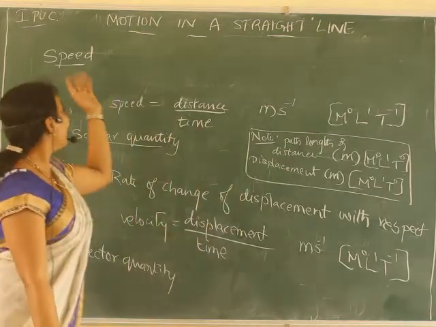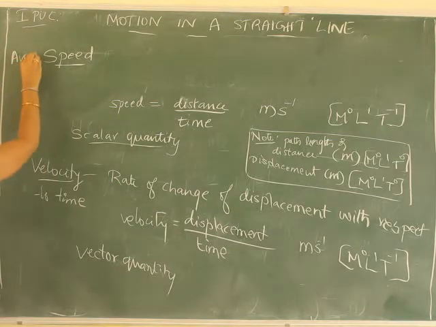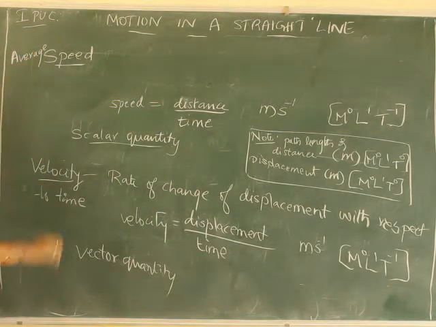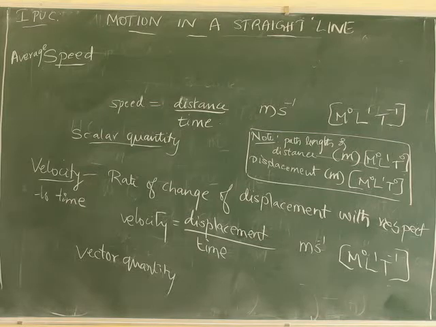Speed, after that I am going to do the concept called average speed. What do you mean by average speed? Average speed is nothing but total path length travelled by a body divided by total time interval during which it has moved.